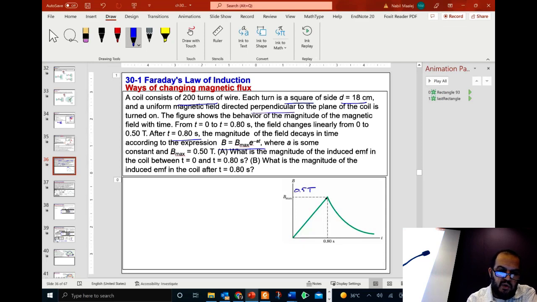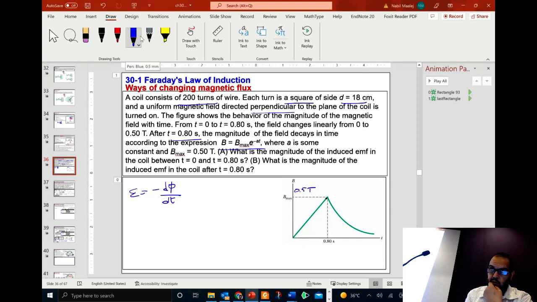Okay, so what do we use in this case? We use the equation: the induced EMF is minus the derivative of the flux with respect to time. Now we have 200 turns.